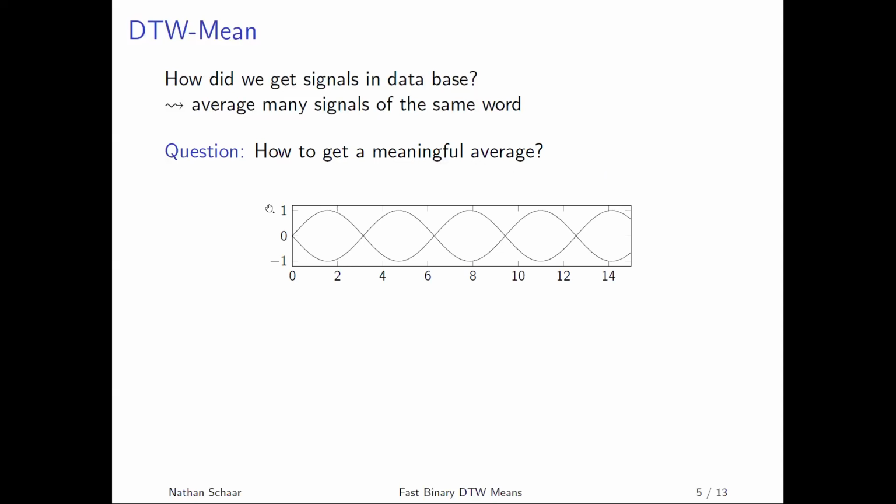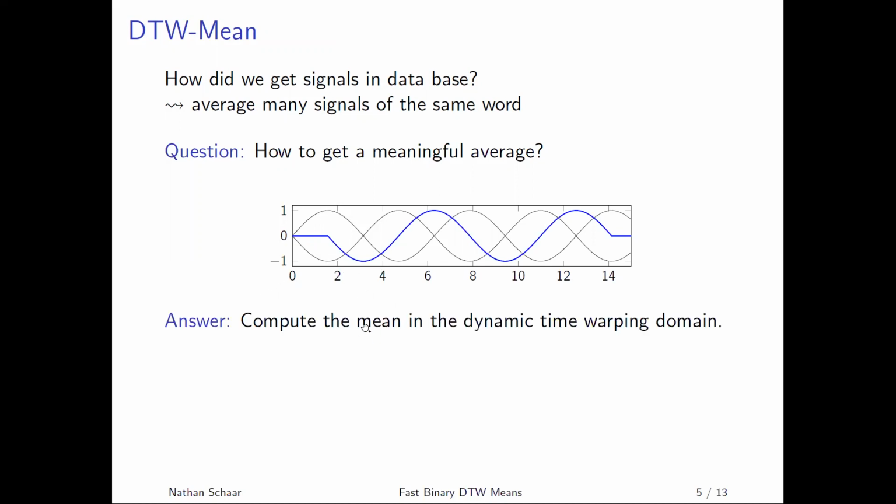To illustrate this, we have two sine waves that are phase shifted. If we just compute the Euclidean average, we would end up with this red meaningless line. But what we would want is maybe something like this, which represents the sine wave shape. To get something like this, we would have to compute the mean in the dynamic time warping domain.